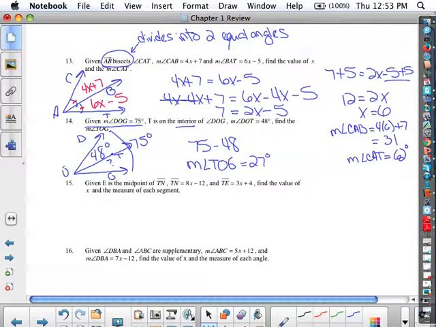Okay, number 15 says given E is the midpoint of TN. So draw your line TN. E is the midpoint. You know if it's the midpoint, then that TE is equal to EN. TE is equal to EN.